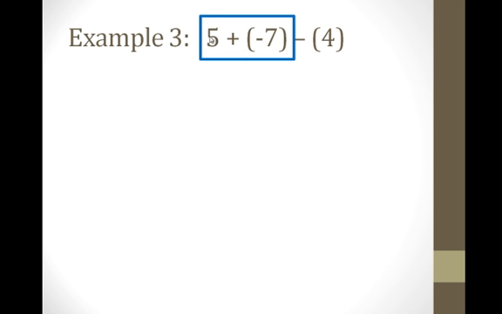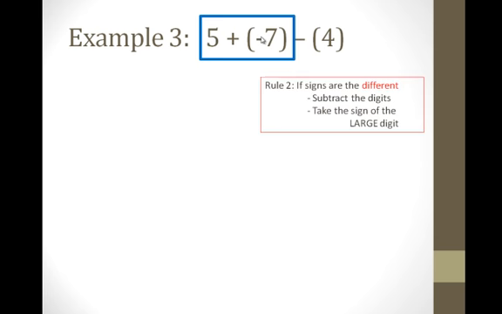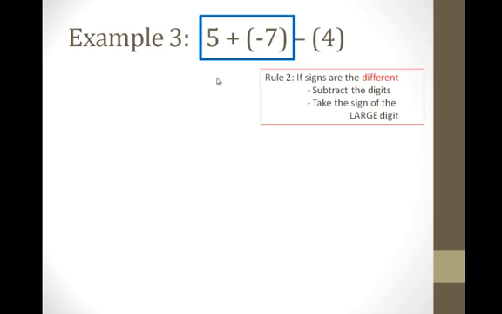This is a +5 and this is a -7. Again, I'm going to use rule 2 because the signs are different. I'm going to subtract 7 and 5, that gives me 2. Take the sign of the larger digit. The larger digit here is 7, and the sign of 7 is negative. So my answer is just going to be -2.